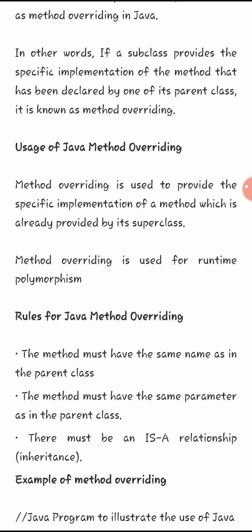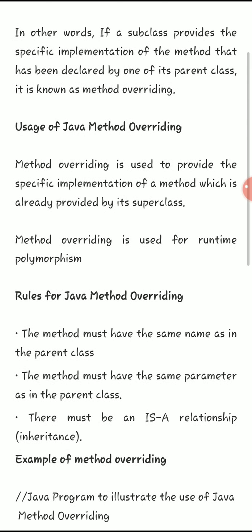By doing that we can invoke the specific implementation which is there in the derived class. This is the main usage of method overriding. I will show you the example, then you will understand it better. Method overriding is mainly done at runtime.